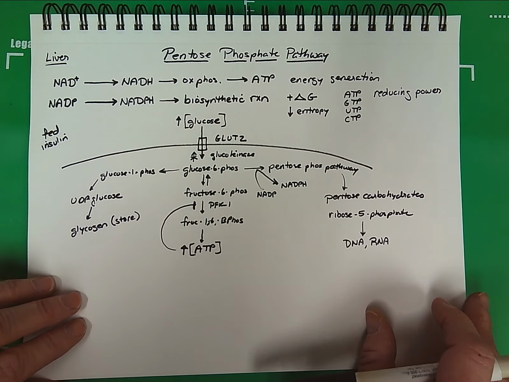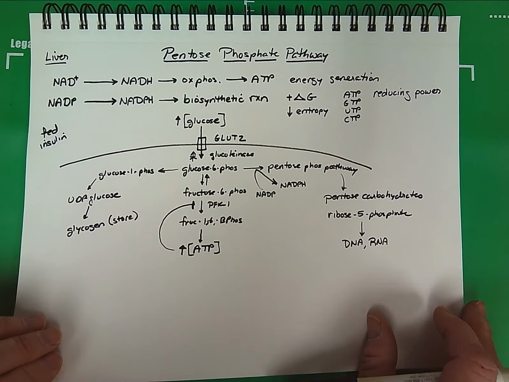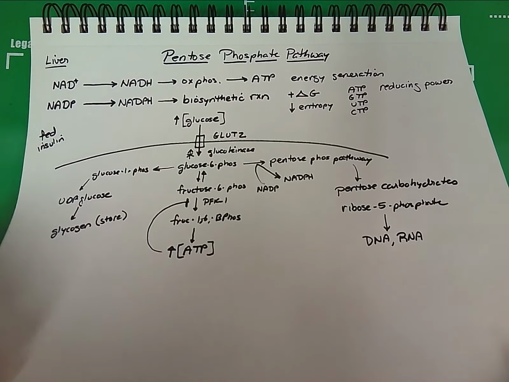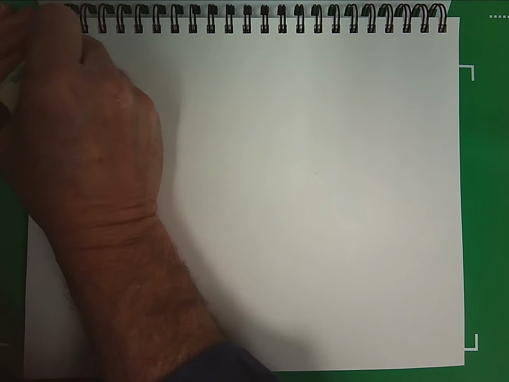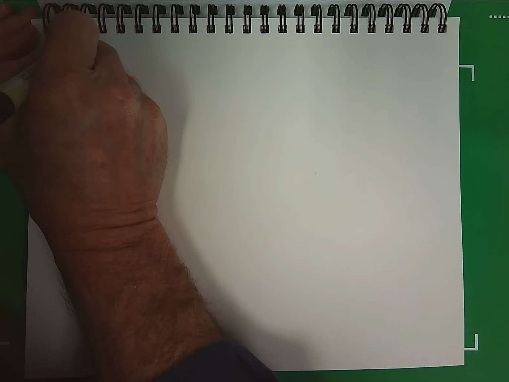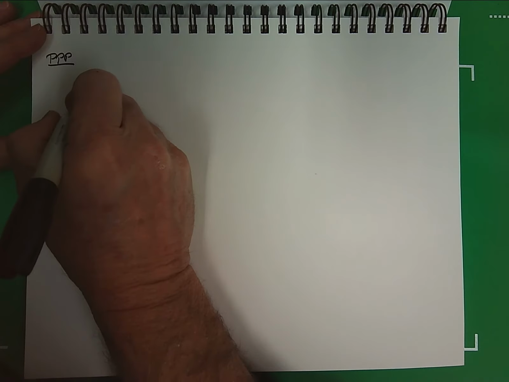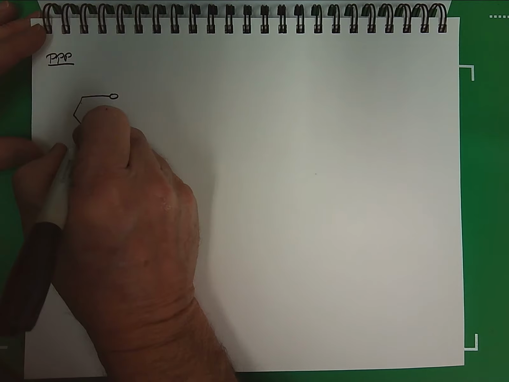Now, with that in mind, let's take a look at the reactions a little closer. So the first step in the pentose phosphate pathway, abbreviated PPP, is we are going to take glucose.